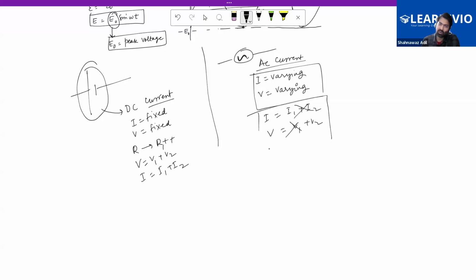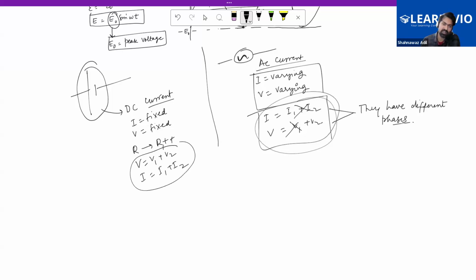So we will have to use vectors. Why can we not add them? Because they have different phases. They are not like terms, so we cannot add them in an algebraic way. In the DC supply, you saw that we can just add these things in this manner, but we cannot do that in this case.